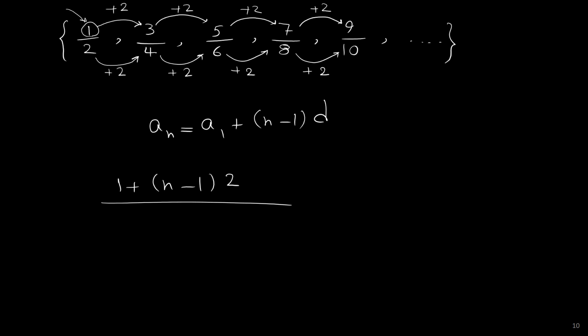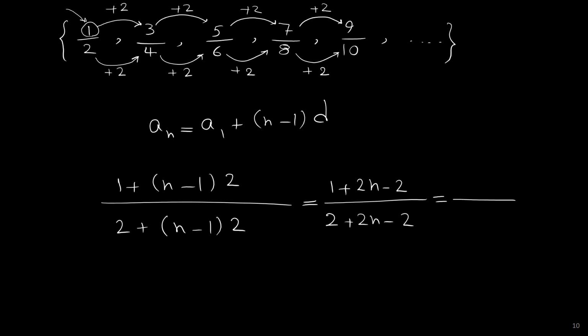Again, a sub 1 is 2 plus n minus 1 times the common difference, and the common difference in the bottom is also 2. Now if we simplify this formula, we have 1 plus 2n minus 2 over 2 plus 2n minus 2. And finally we can write it as 2n minus 1 all over 2n. And so this is the formula for the nth term of this sequence.